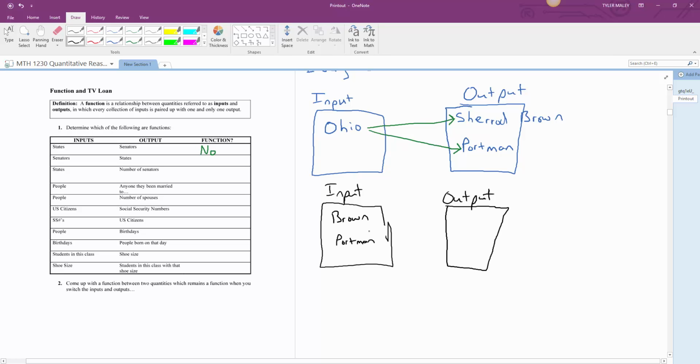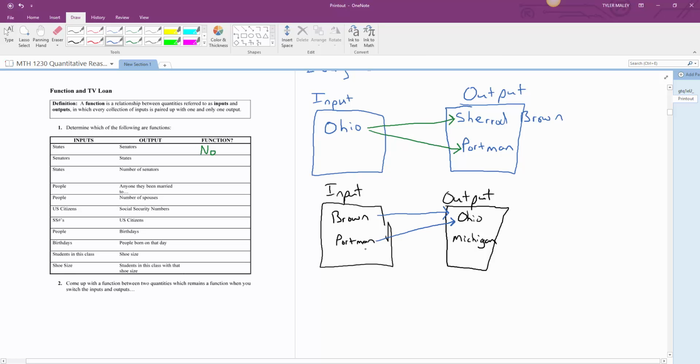Then over here we have an output, so maybe Ohio is here, Michigan, and so forth. So we would have states listed. If I input Brown, that's going to be mapped to Ohio. If I put Portman in as my input, that's going to also be mapped to Ohio.